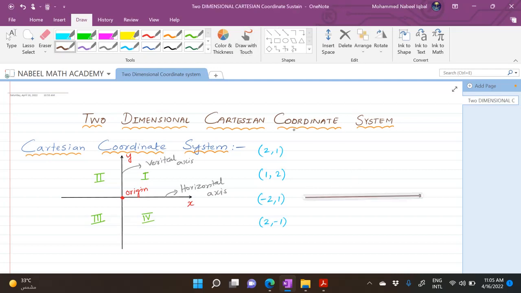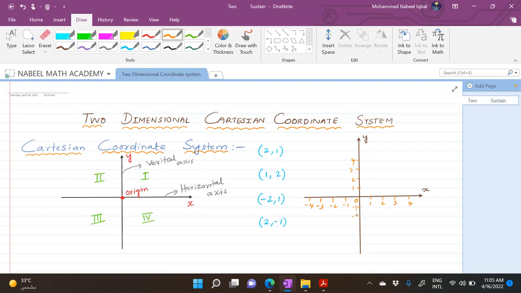This is the x and y axis, and here you have 0, 1, 2, 3, 4 in the positive direction and -1, -2, -3, -4 in the negative direction.